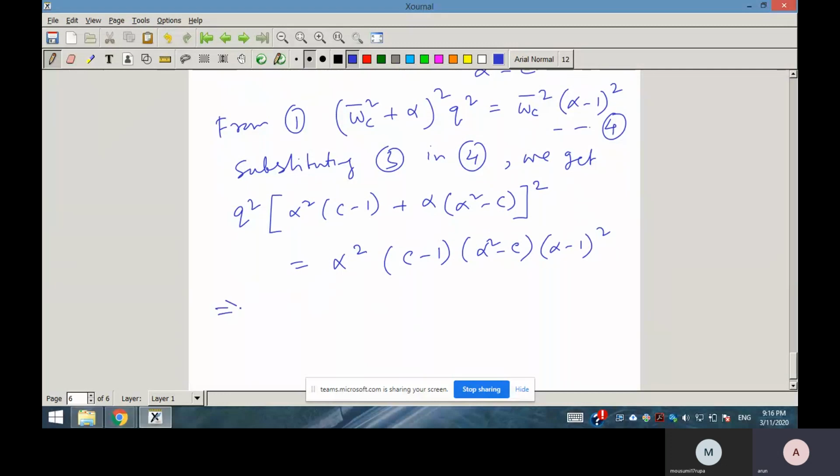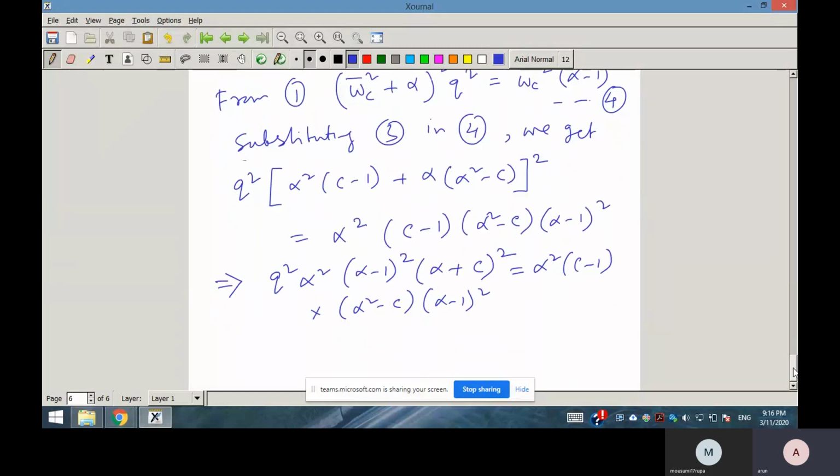So if you simplify this expression, it will be like this: q square into alpha square into alpha minus 1 whole square into alpha plus c whole square is equal to alpha square into c minus 1 into alpha square minus c into alpha minus 1 whole square. Now alpha is not equal to 0 and alpha also not equal to 1.